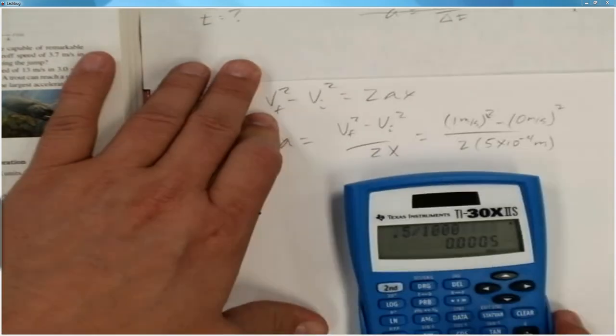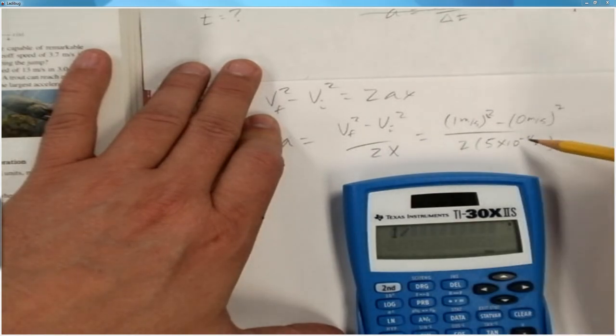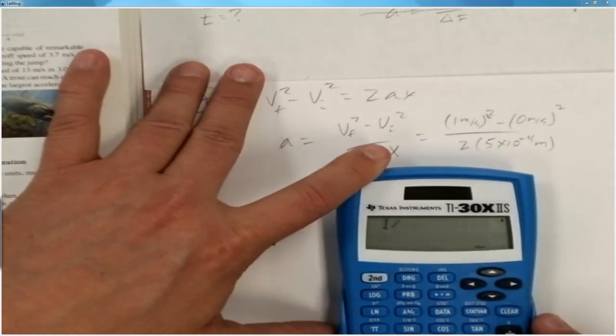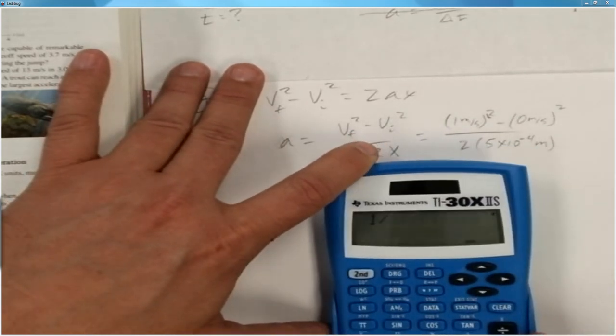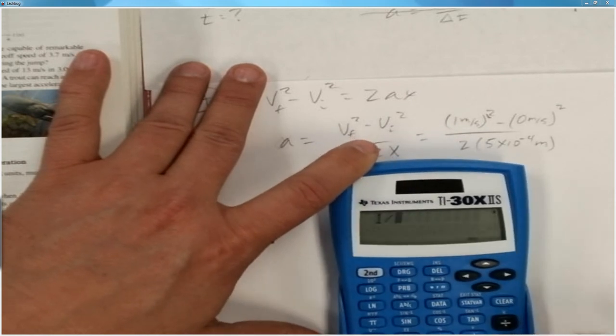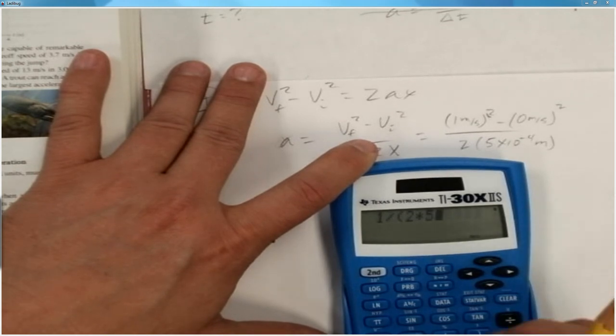I plug this into my calculator. 1 divided by, you have to put parentheses around everything in the denominator. Please do not forget that, because kids are going to want to type in 1 divided by 2 times 10 to the negative 4th. No, you have to type in 1 divided by parentheses 2 times 5 times 10 to the negative 4th.